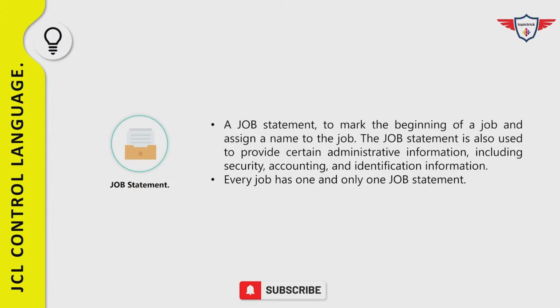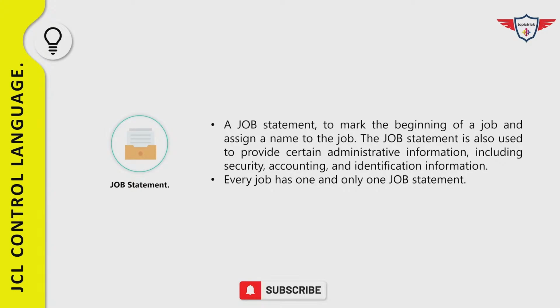The job statement is used to provide certain administrative information, including security, accounting, and identification information. You should always remember that a JCL can have one and only one job card or job statement. You cannot have more than one job card in a single JCL.